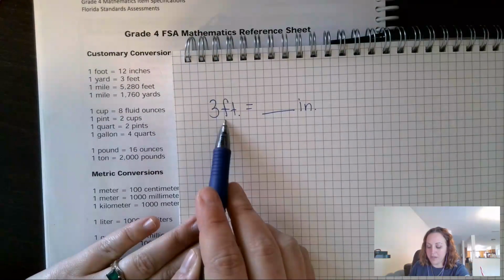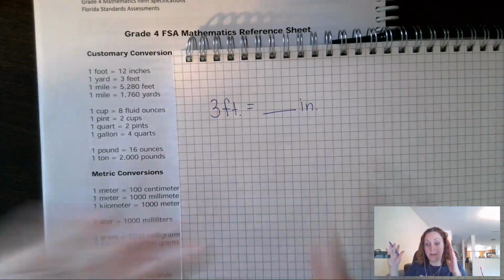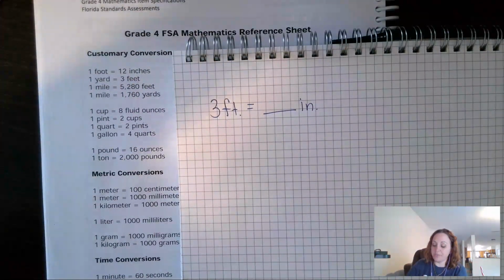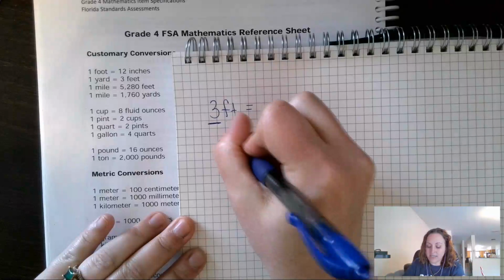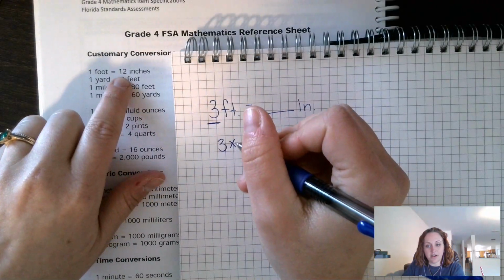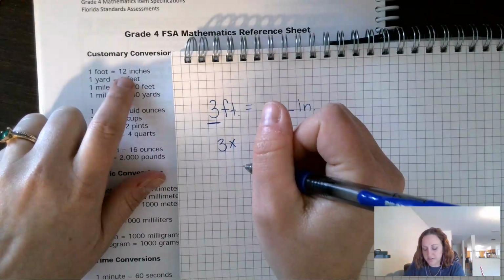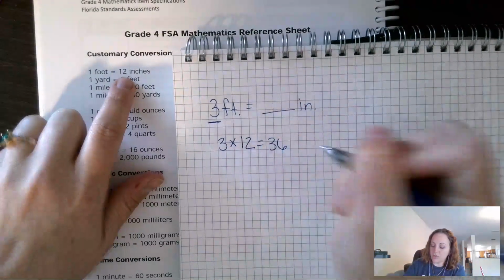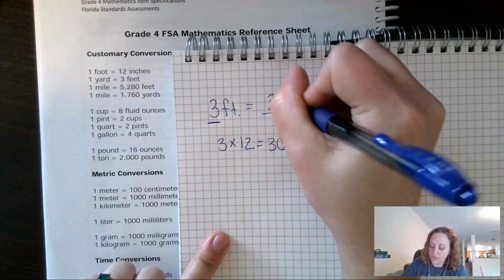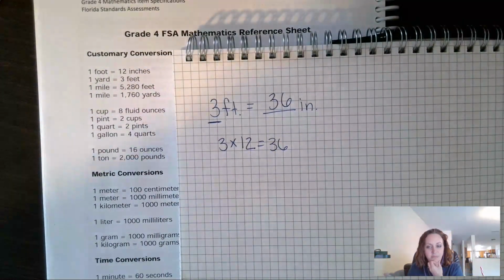Feet is bigger, inches is smaller, big to small, I multiply. So I take this number that they gave me, 3, and I times it by the number over here, the amount of inches. 3 times 12 is 36. So 3 feet is the same thing as 36 inches.